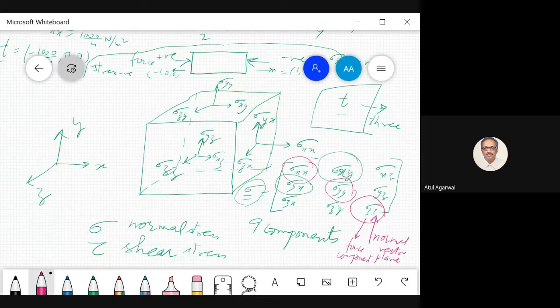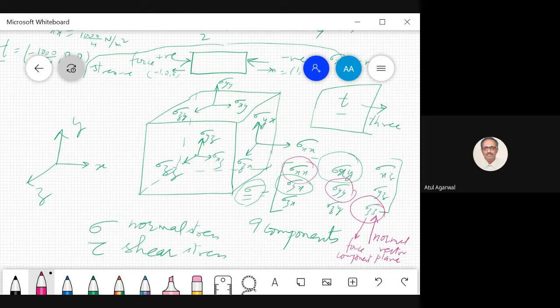Sir, first column represents the normal area vector, I think.